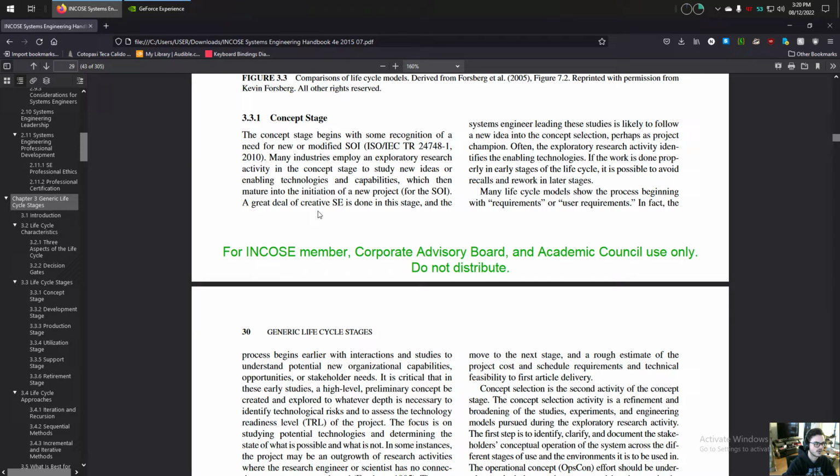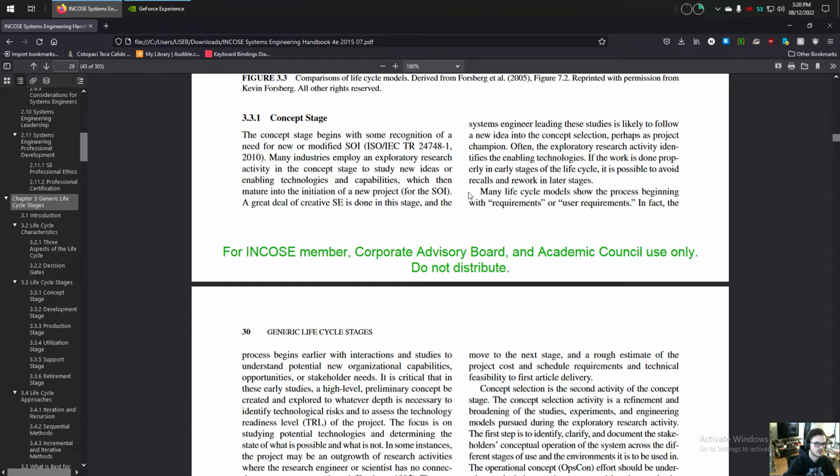A great deal of creative systems engineering is done in this stage, and the systems engineer leading these studies is likely to follow a new idea into the concept selection, perhaps as a project champion. Often, the exploratory research activity identifies the enabling technologies. If the work is done properly in early stages of the life cycle, it is possible to avoid recalls and rework in later stages.